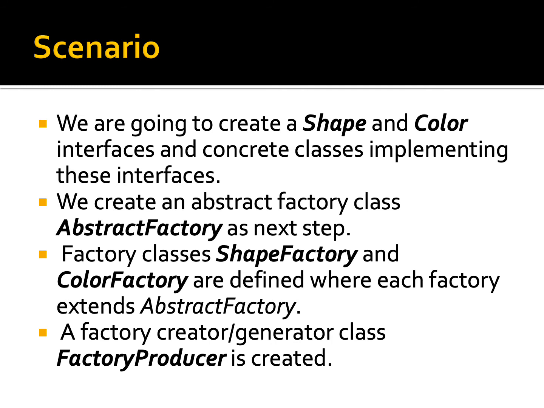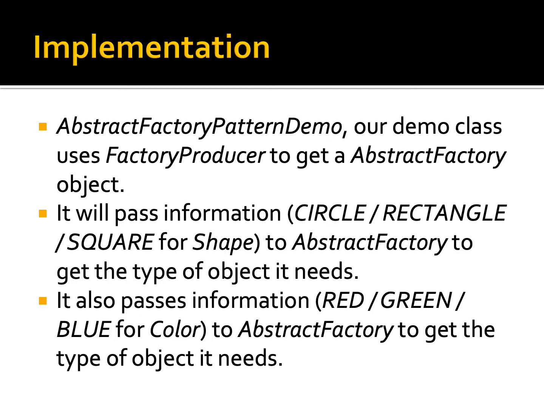Let's say if the user is requesting a particular kind of shape, then there is a need to create the shape factory. A color factory instance should not be created. So in the abstract factory design pattern, the decision making of the factory class will also be handled in the factory producer or the generator class.